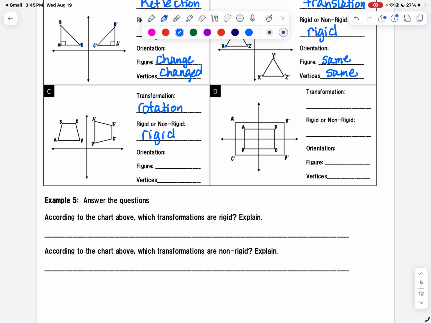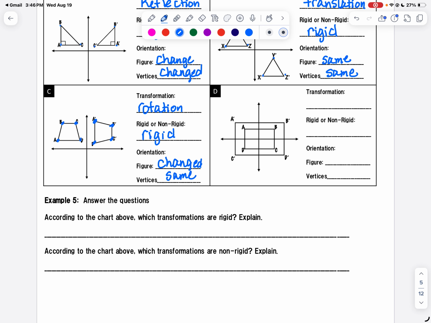The orientation, because it turned, was changed. But let's see. I'm going counterclockwise here, A, B, C, D. If I go counterclockwise over here, A, B, C, D. So the vertices stayed the same.